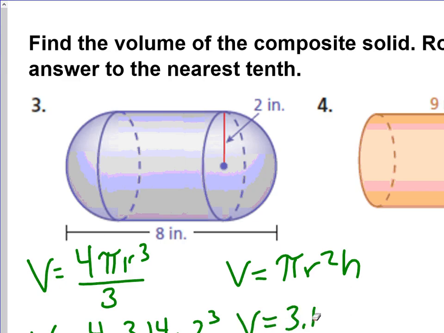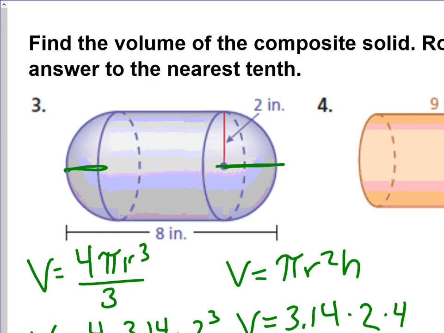So 3.14, my radius is still 2 on the cylinder, but now I have to be careful with the height. So you can think about it like this. If this whole thing is 8, and the radius is 2, that means this piece right here is also 2, and this radius here is also 2. So what's left in the height of the cylinder? That would be 4.